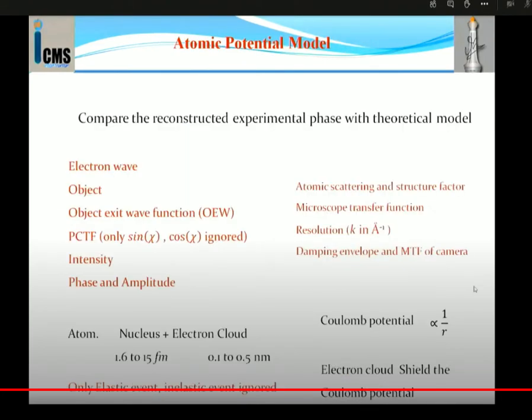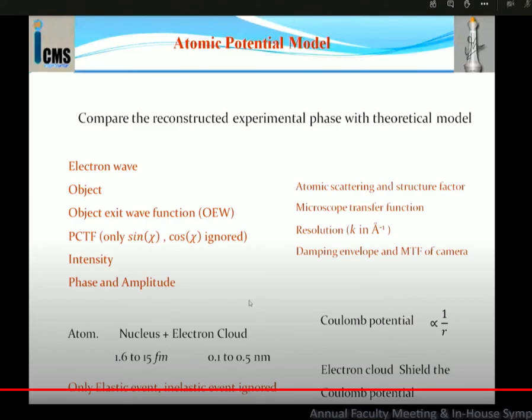You also need to model the system, how the electron wave and the matter interact, and how the wave is further changed by the lens parameters or lens aberration, to calculate the intensity, the phase and amplitude eventually.